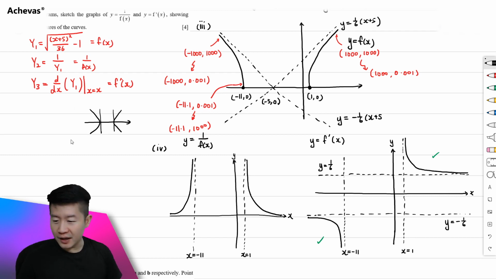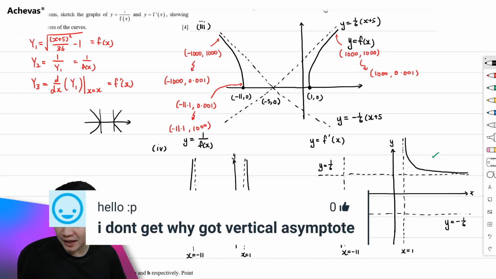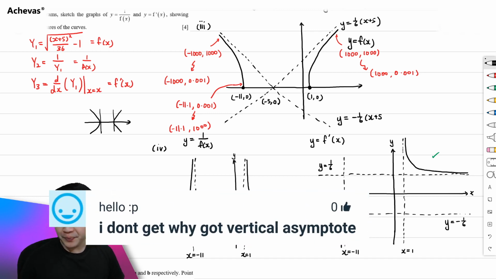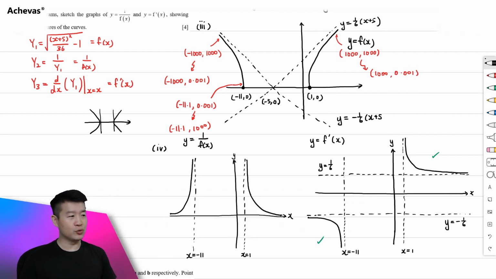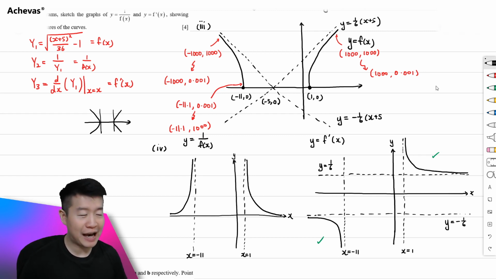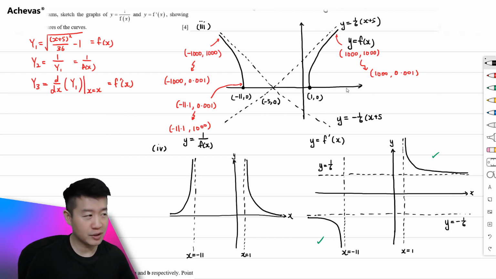As for the vertical asymptote, let me explain again. In order for you to get these vertical asymptotes, you need to already know that this is the graph of a hyperbola. Like what I was saying here, let me draw it here. So I know this is part of the hyperbola.